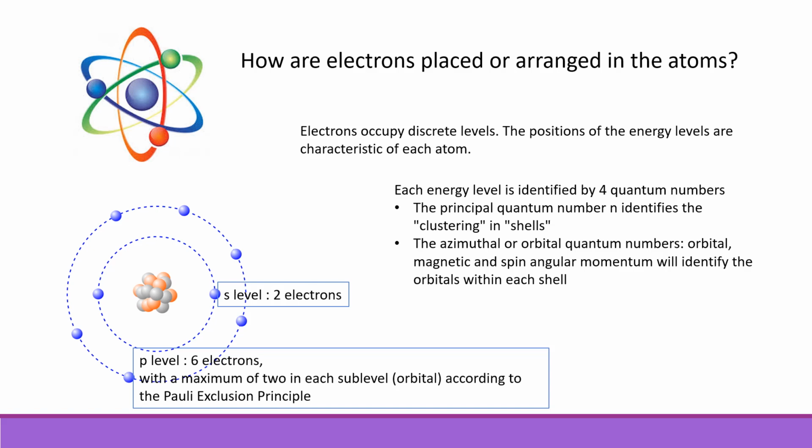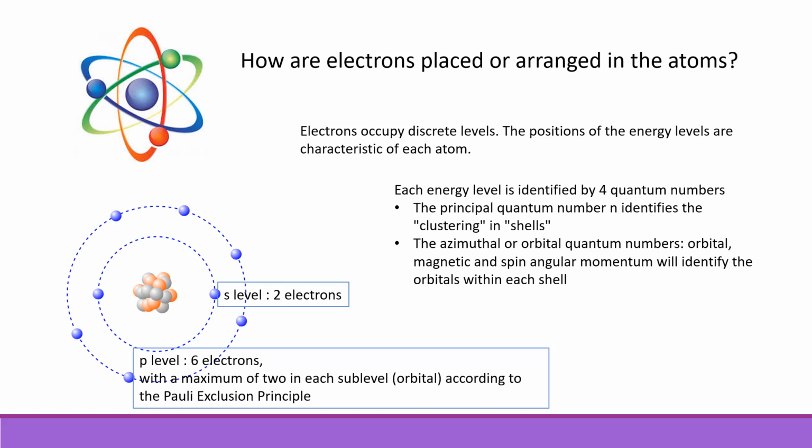So each energy level is identified, and that's something you also know, by 4 quantum numbers. The principal quantum number n identifies the shells, so it indicates the roughest level. And then we have the azimuthal or orbital, magnetic, and spin quantum numbers, which will identify the final shape of the orbitals within each shell.